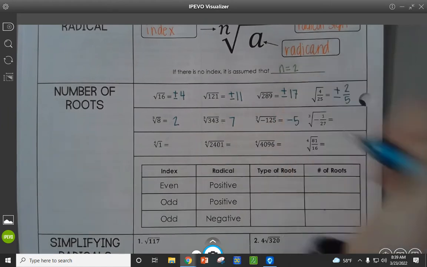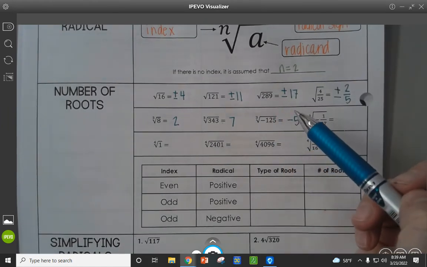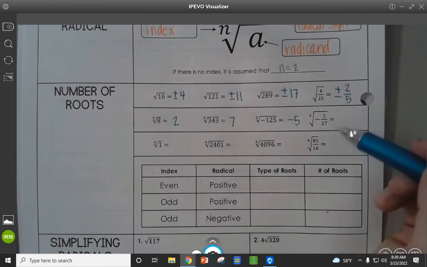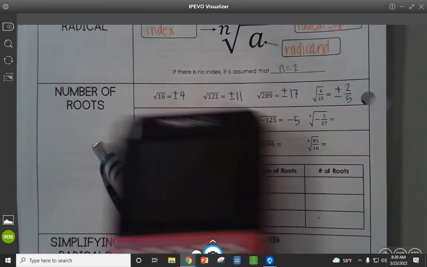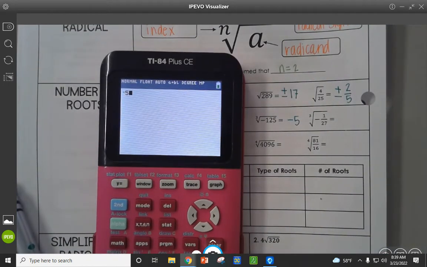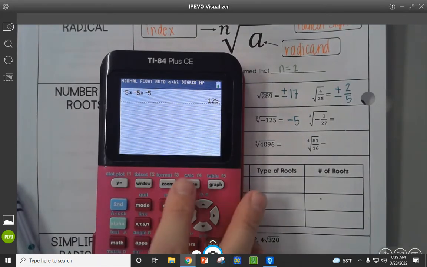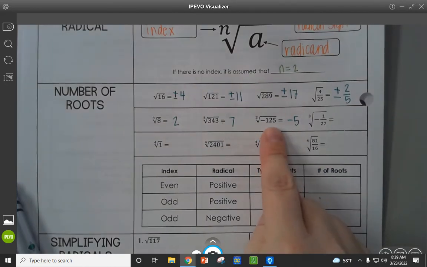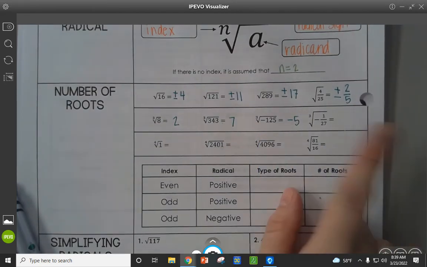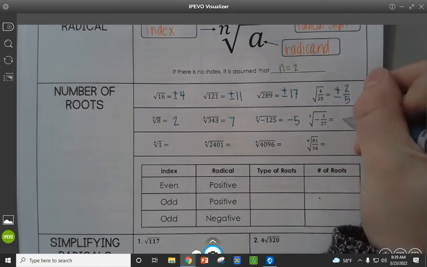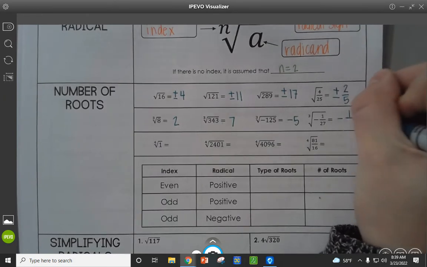Negative 5. You don't have i's here because the cube roots can be negative. Because this is really negative 5 times negative 5 times negative 5, which is negative 125. So we're saying, what can I multiply by itself 3 times to get a negative number? And you can do that with the negatives. So what would the cube root of negative 1 over 27 be? Negative 1/3.